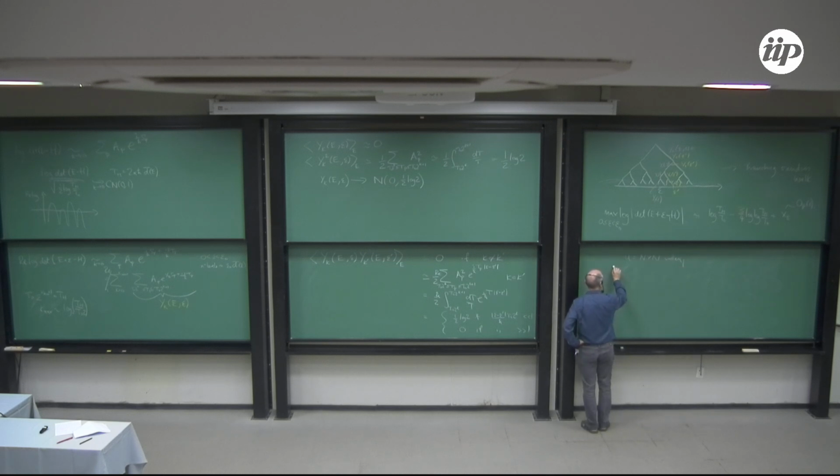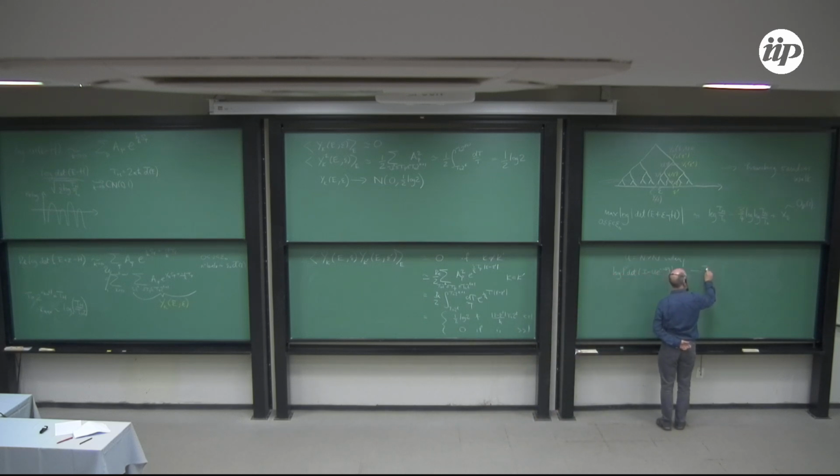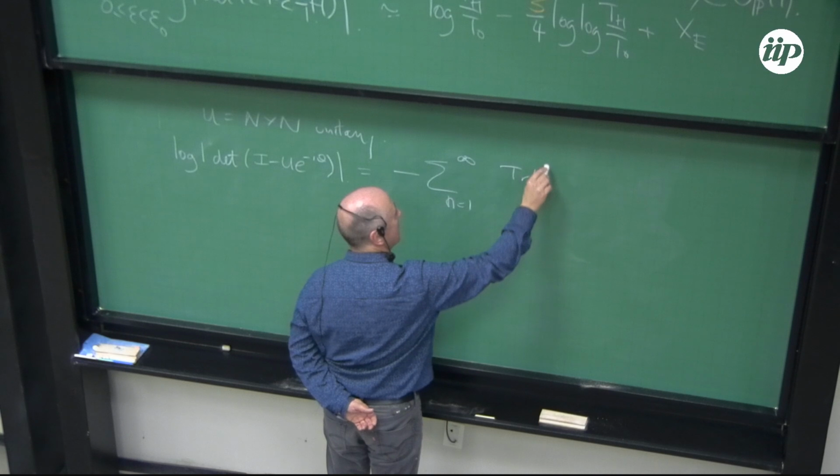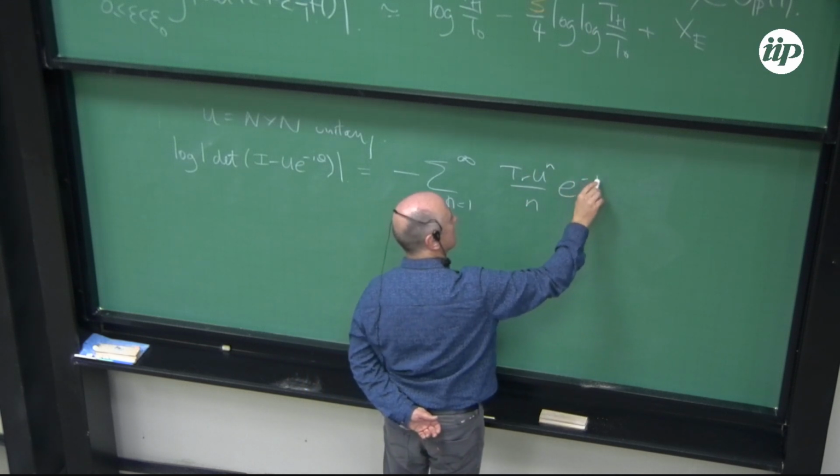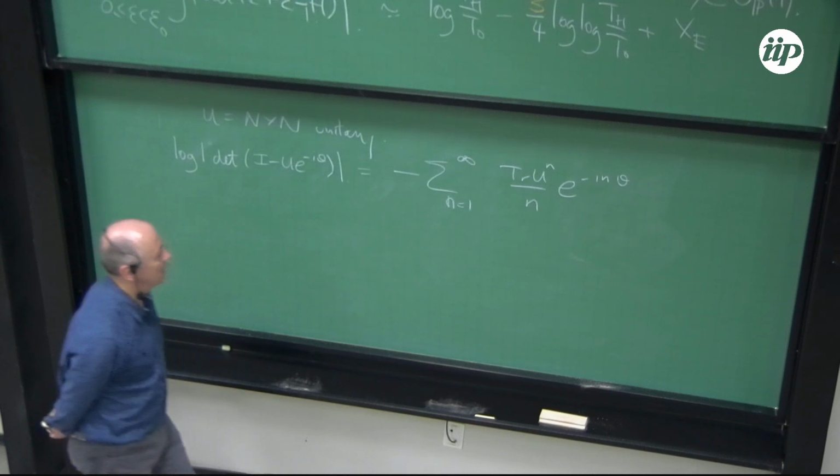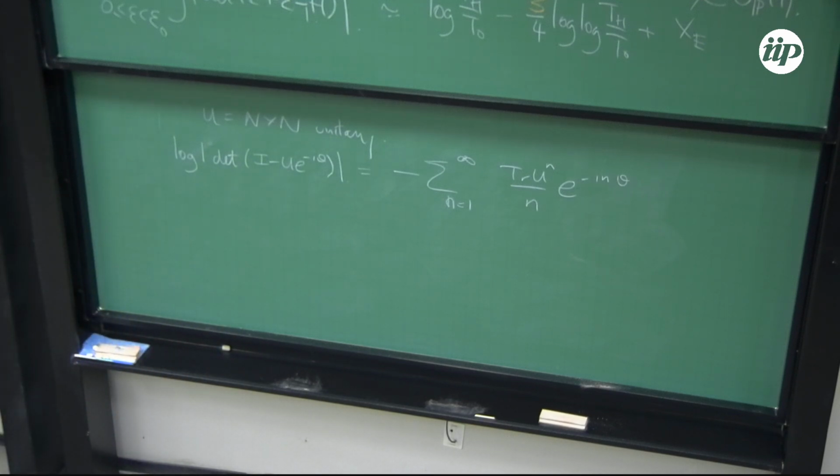and look at the log of the modulus of the determinant of I minus U e to the minus I theta, then it's well known within this community, we could view U as a quantum map, that there is an expansion of this as a Fourier series, where the Fourier coefficients are the traces of powers of the matrix U, and you can play the same game.